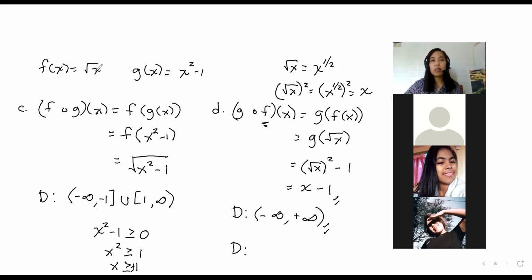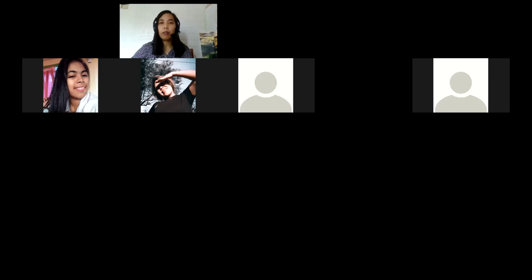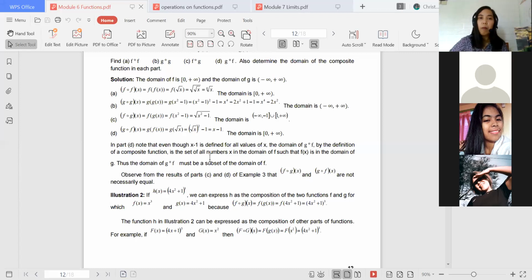Si f plus, we have here square root function. Okay, according to the definition, for composite, dapat the set of all numbers x in the domain of f such that f of x is in the domain of G. Thus, the domain of G composite f must be a subset of the domain of f.